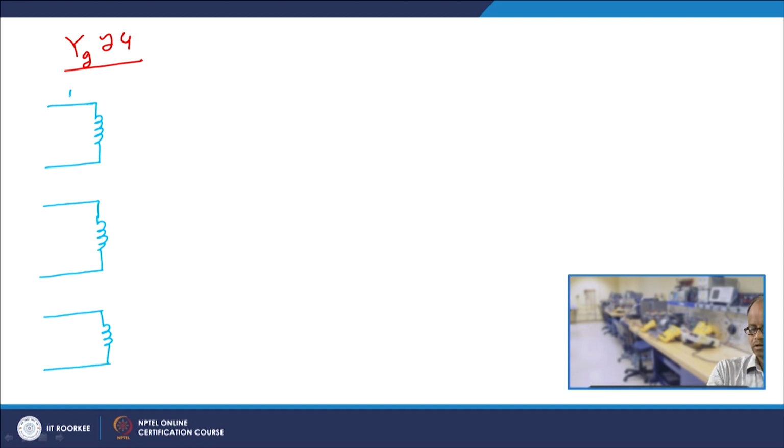So what we do is, again we are drawing these 3 windings: A1, A2, B1, B2, C1, C2.